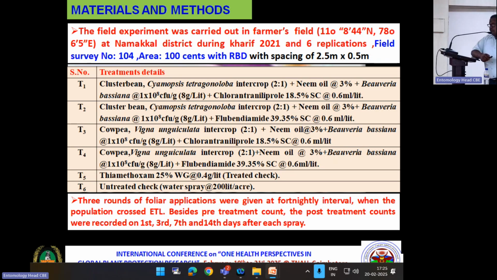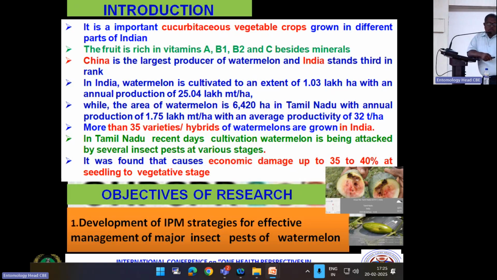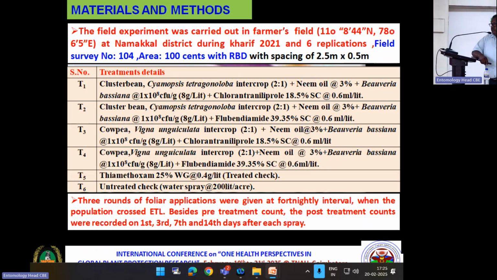So I took the objective of developing an IPM strategy for effective management of major insect pests in watermelon. The trial was conducted in Namakkal district in a farmer's field with different components of treatments. The common ones were eco-friendly crops, then botanicals plus biorational pesticides, then application of need-based chemical pesticides.